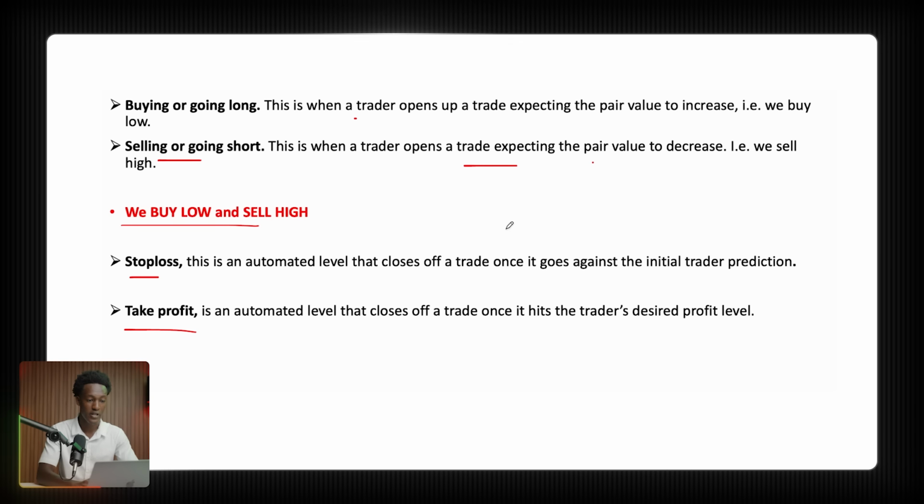In such a scenario, say you opened up a trade going to the upside, say you opened up buys, and rather than the price going up, it reversed to come back down. If you didn't have a stop loss in position, that would become a huge loss and perhaps blow up the whole account. So whenever you are buying, you're going to have your stop loss below the price, and when you are selling, you are going to have your stop loss somewhere up.